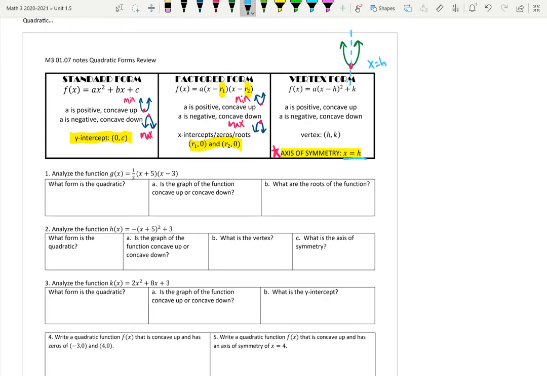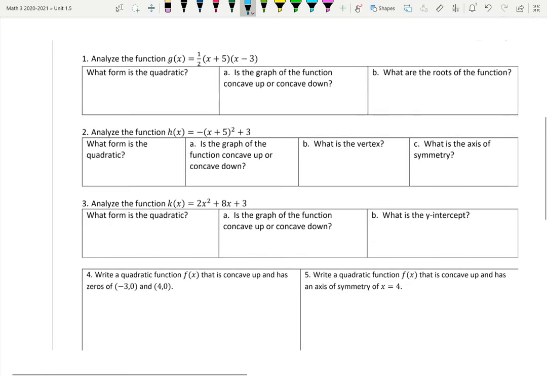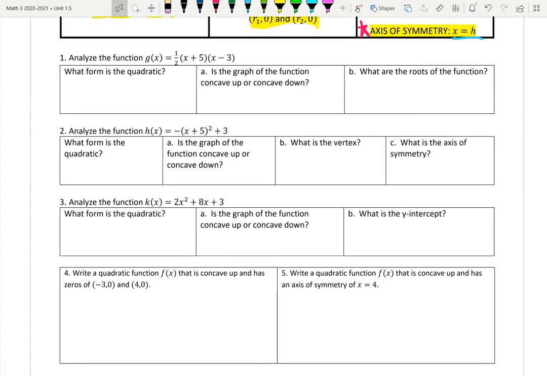Okay, let's go ahead and try to use some of this information to make conclusions. I am not going to be using any graphing calculator apps to help me. I'm going to go ahead and analyze this function g of x. And I see parentheses, right? Whenever it's a product of parentheses, I know that it's going to be factored form.